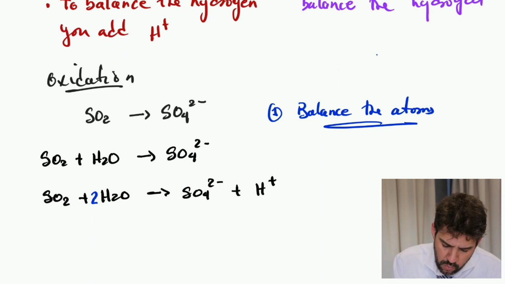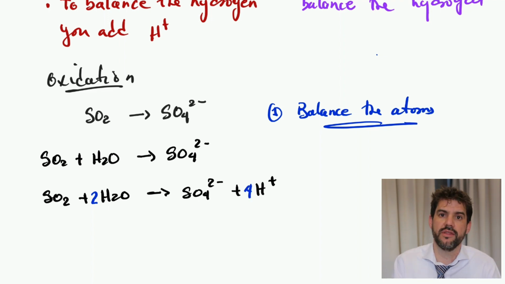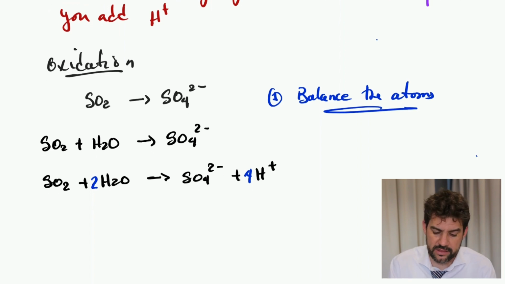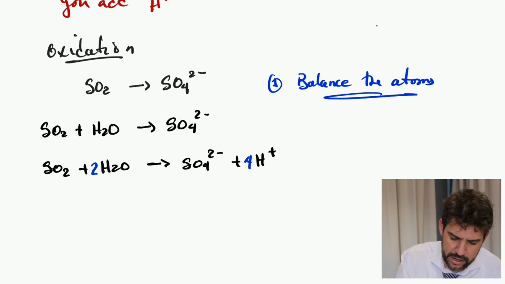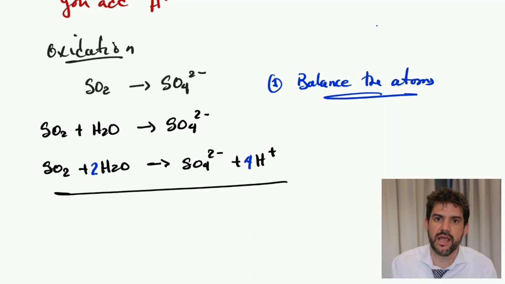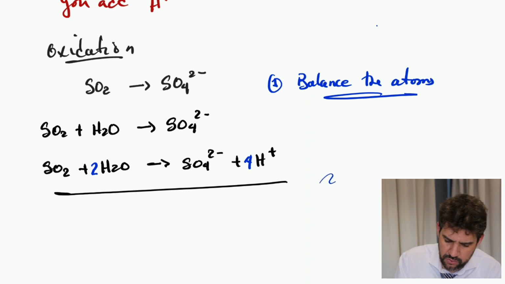I have only 1, so I'm going to write a 4 on the right-hand side. You must double check. 1 sulfur, 1 sulfur. 2 plus 2 is 4 oxygen on the left, 4 oxygen on the right. 2 times 2 is 4 hydrogen and 4 hydrogen. The number of atoms is balanced. But we are not done. We have to balance now the charge. So now I'm going to write here number 2.